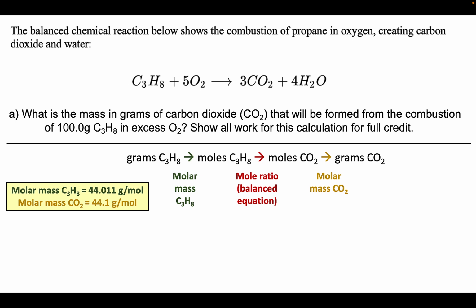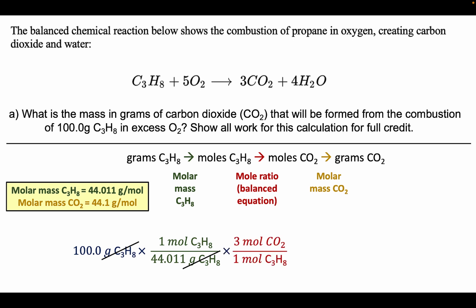And here they are. So how do we actually calculate the problem? Well, we start with what we know. That's our 100 grams of propane. And we convert it to moles using the molar mass of the propane. Grams will cancel. Now we can convert it to the moles of CO2 using the balanced chemical reaction.